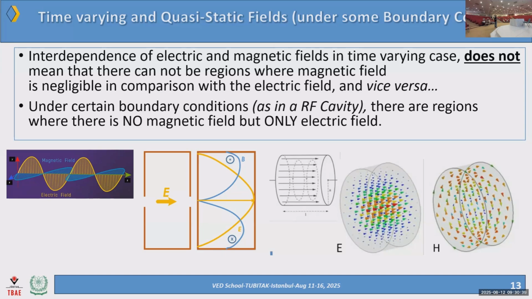What if I inject this electromagnetic radiation, which has orthogonal electric and magnetic fields, into a small box? The small box is a cylinder, a metallic cylinder. We call it a pillbox. Of course, this is taught in the very first lectures of electromagnetic theory.